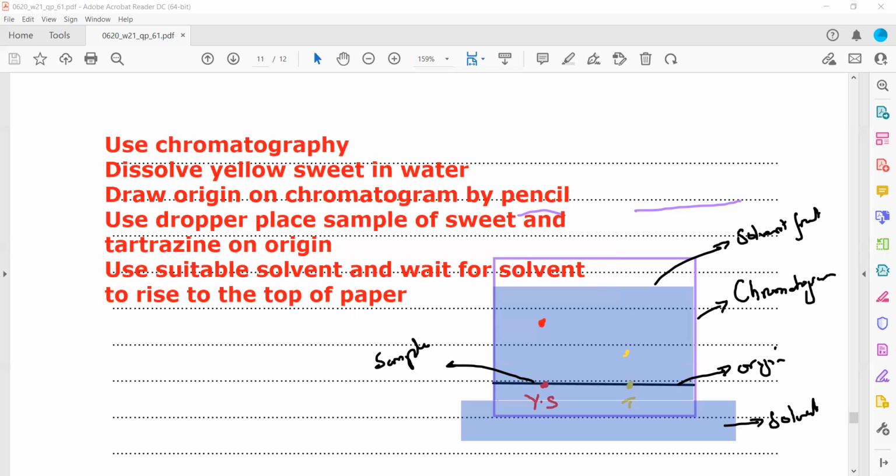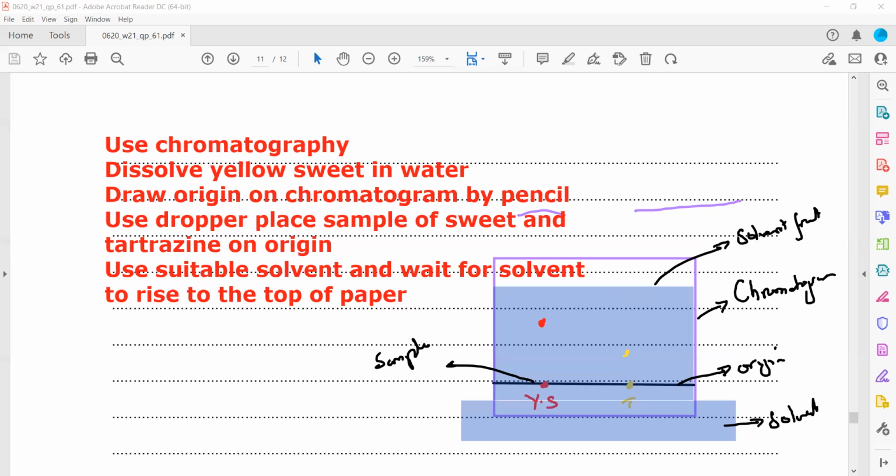We'll wait for the solvent to rise to the top of the paper, and then we can compare the height risen, the distance moved by the two spots, or we can measure the RF value. Any one of them. If tartrazine has the same RF value as the sweet, it means it is present. If it has a different RF value than the sweet, then it is not present.